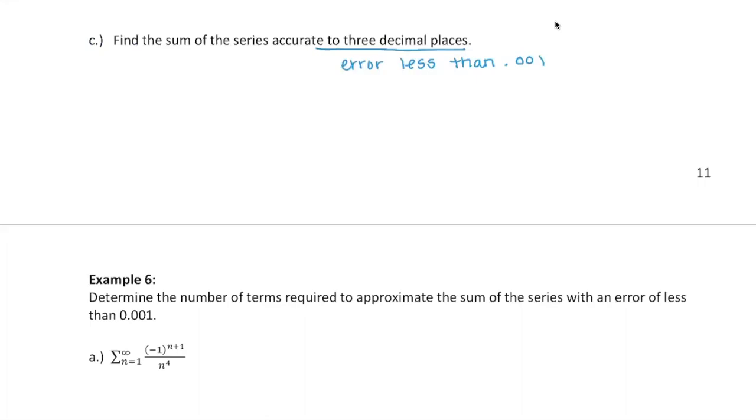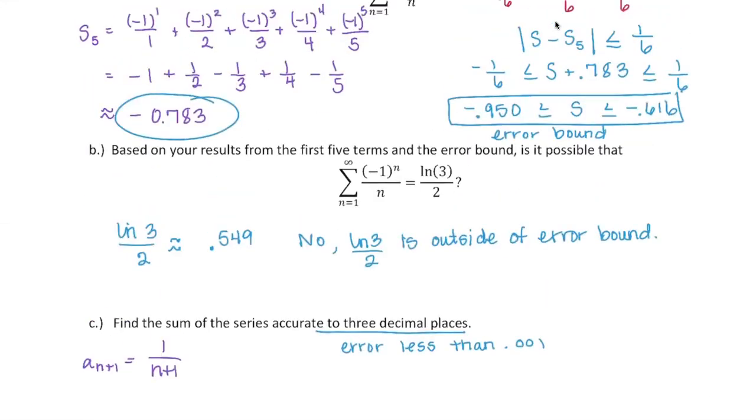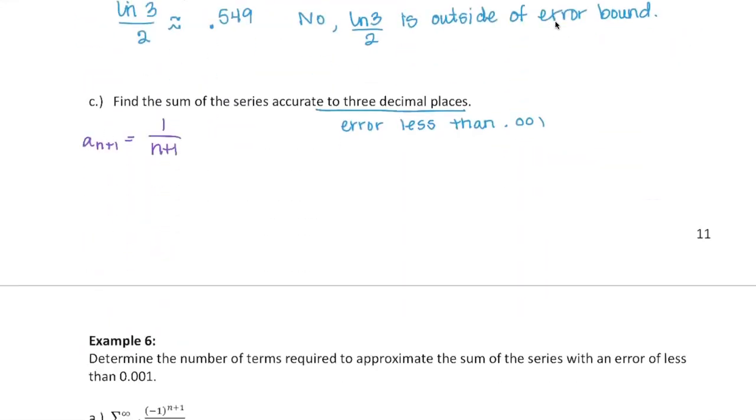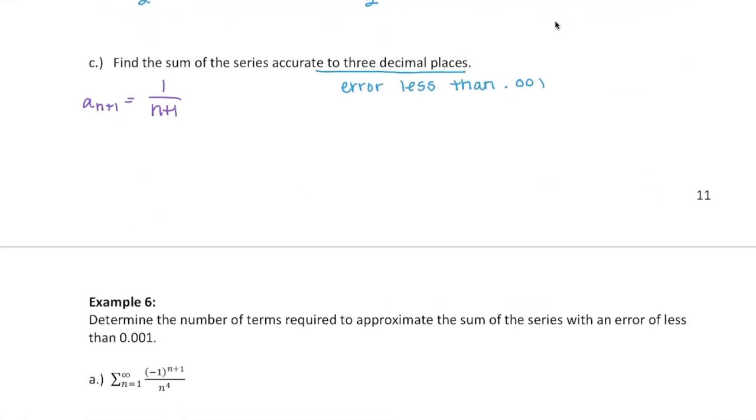So we have to gather some information here. We know that the A sub N plus 1 term for this series is 1 over N plus 1. That's what we're plugging in here, we're replacing that with N plus 1. And we're going to ignore the alternating part for now.